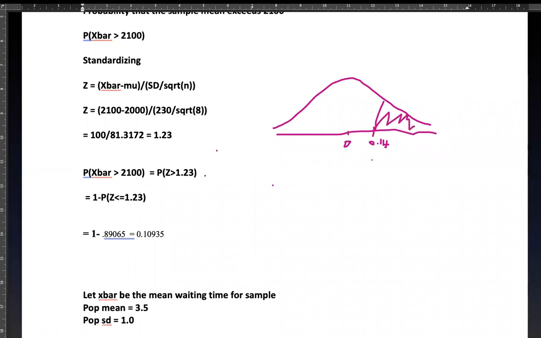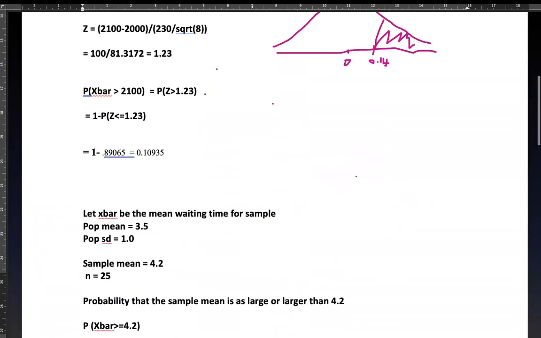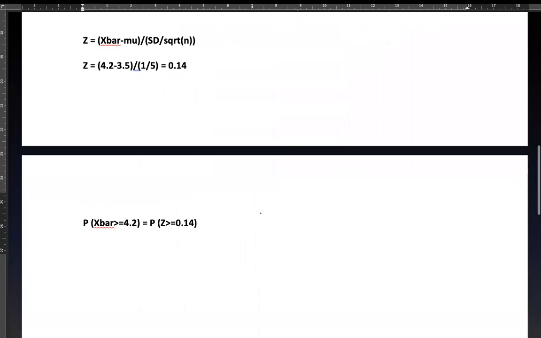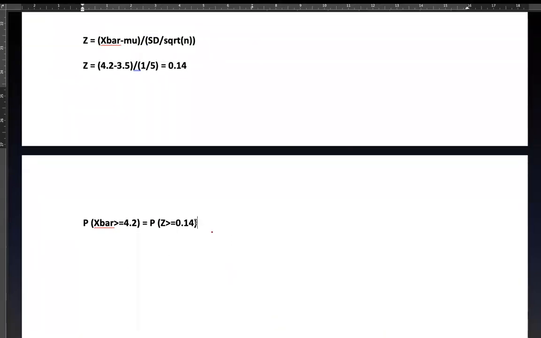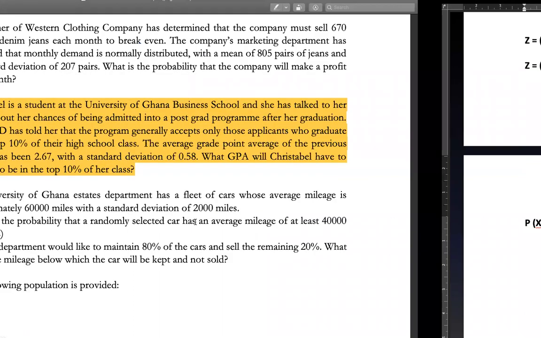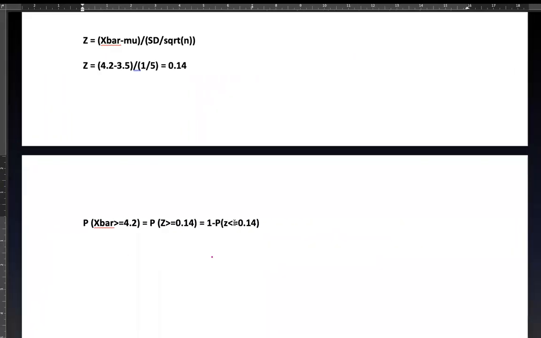As Lawrence mentioned, this portion is the same as 1 minus the probability that Z is less than or equal to 0.14. Is there an equal to? No, there's no equal to for continuous Z. All right, thanks.